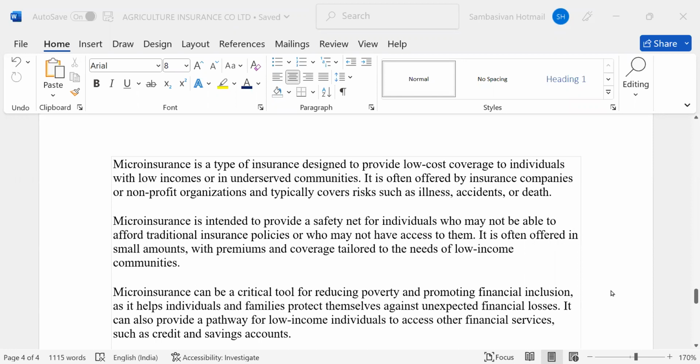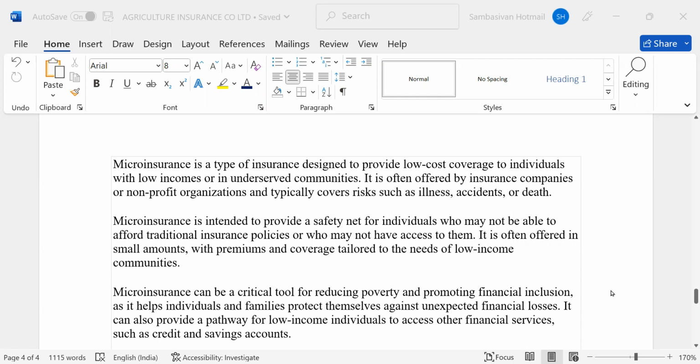Micro insurance is a type of insurance designed to provide low cost coverage to individuals with low income or in underserved communities. It is often offered by insurance companies or non-profit organizations and typically covers risks such as illness, accidents, or death. Insurance is intended to provide a safety net for individuals who may not be able to afford traditional insurance policies or may not have access to them.